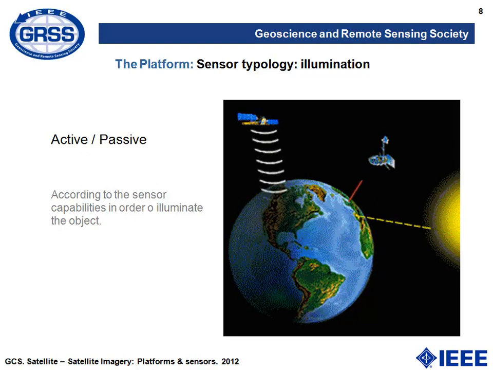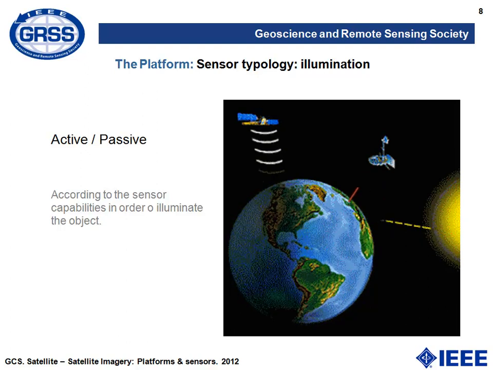In the figure on the left-hand side, we can see an active sensor, where the sensor on board the satellite sends an electromagnetic wave, and this wave is backscattered by the land to the sensor. On the right, we have a passive platform with a passive sensor, where the radiation reflected from the sun is captured.